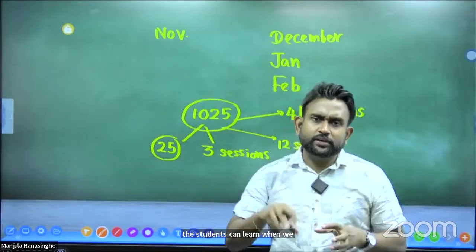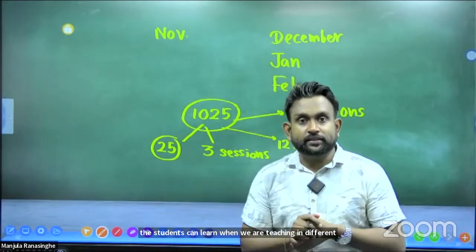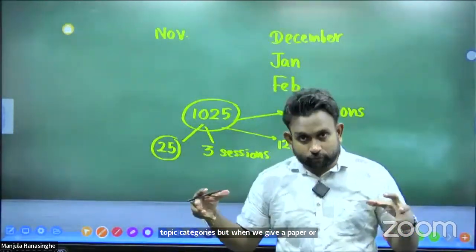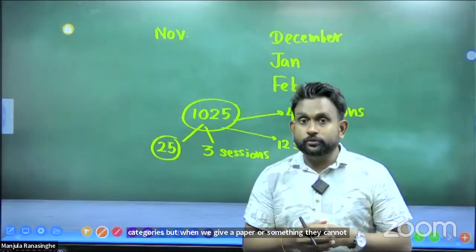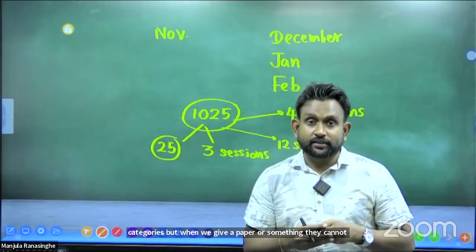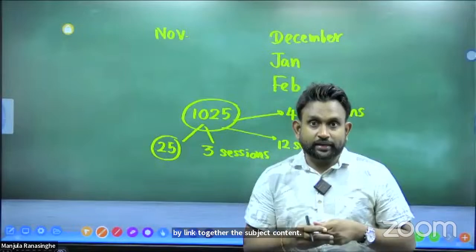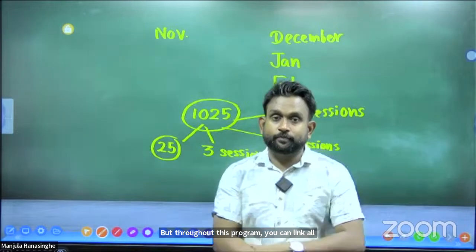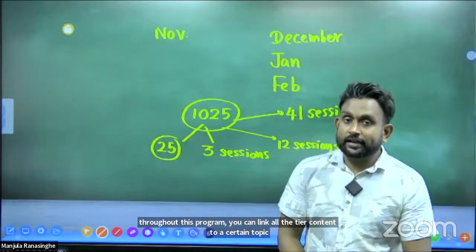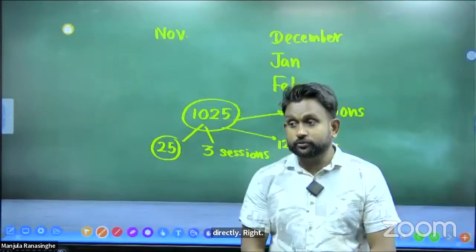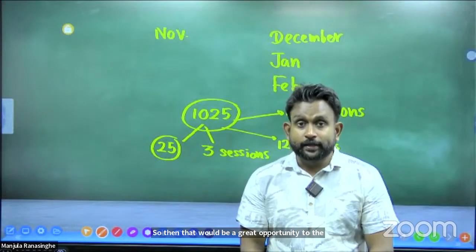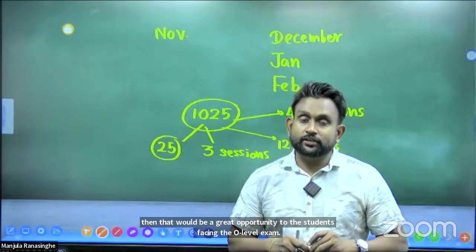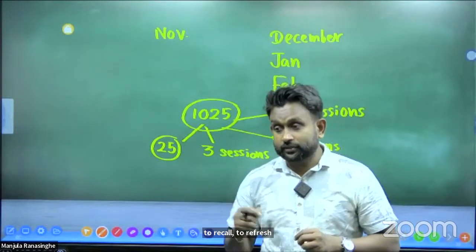We are learning different topic categories. But when we give a paper, they cannot link the subject content together. But through this program, you can link all the theory content to a certain topic directly, right? So that would be a great opportunity for the students facing the O-level exam to recall and refresh their knowledge regarding these mathematics concepts.